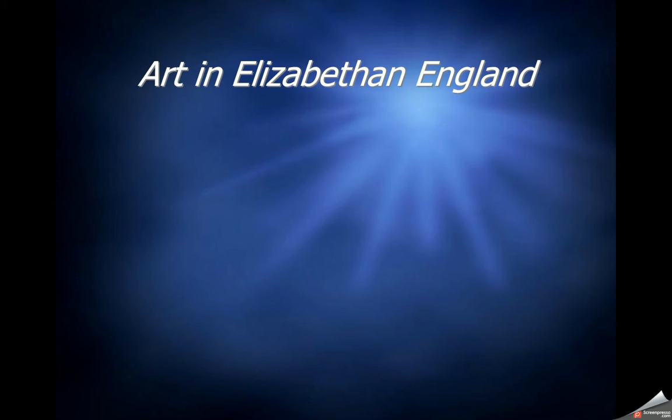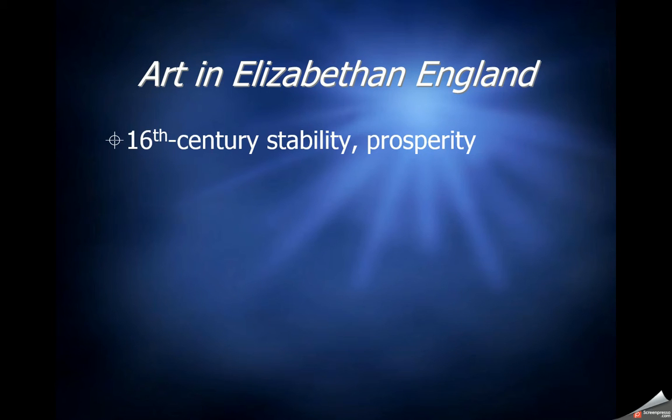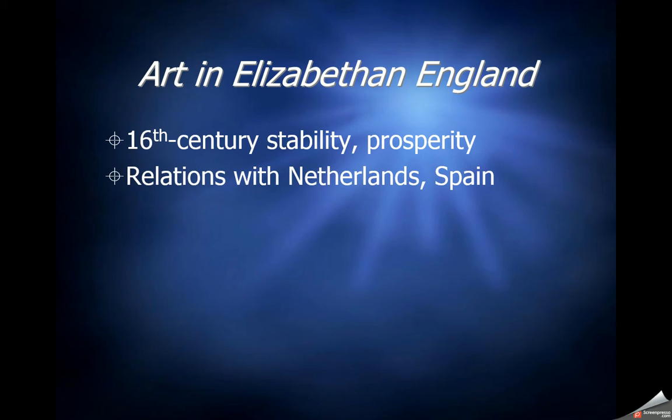We're now going to go to art in Elizabethan England, Elizabethan referring to Queen Elizabeth I. At this point in England, for the first time, we see a real stability and prosperity here. They have good relations with the Netherlands and Spain, and so this opens up opportunities for trade and again makes them a much more prosperous nation.